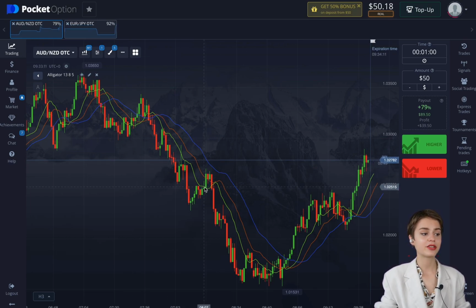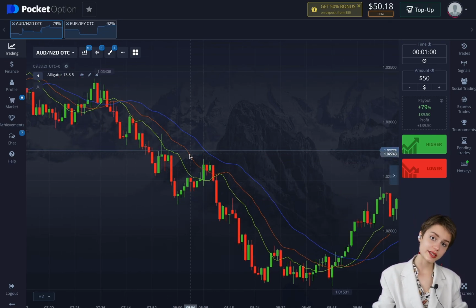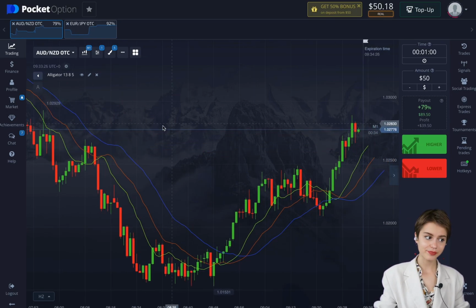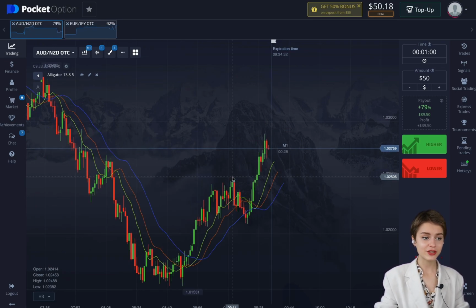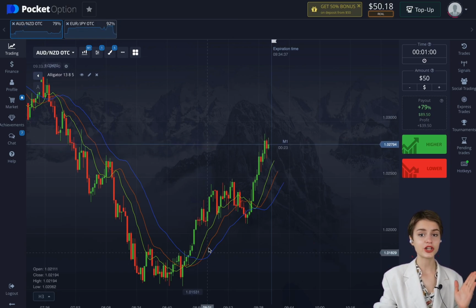It's better if the chart gets a reaction from the green, orange or blue lines. Those are three steps of resistance or three steps of support, I'd say. And as soon as we make sure the chart gets a reaction from our zone of support or resistance, we open a deal on the trend.